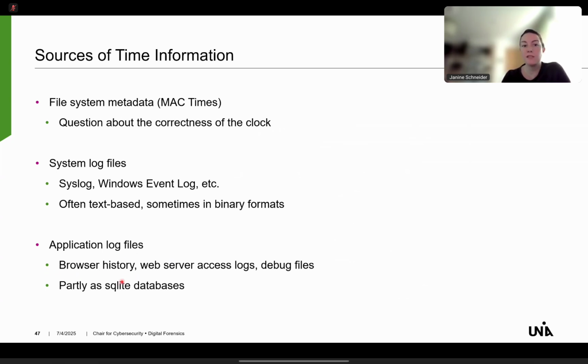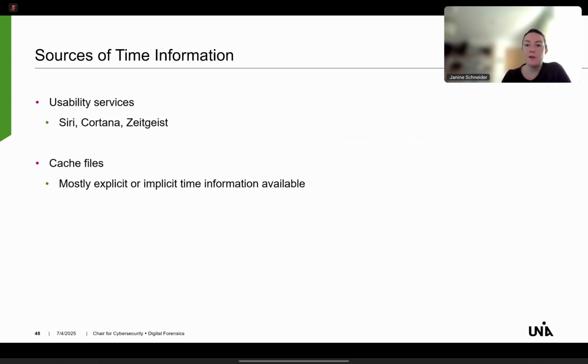For example, browser history is always a very important thing to analyze. But we also have usability services, cache files, and much more. These are only a couple of examples of where to find time information.